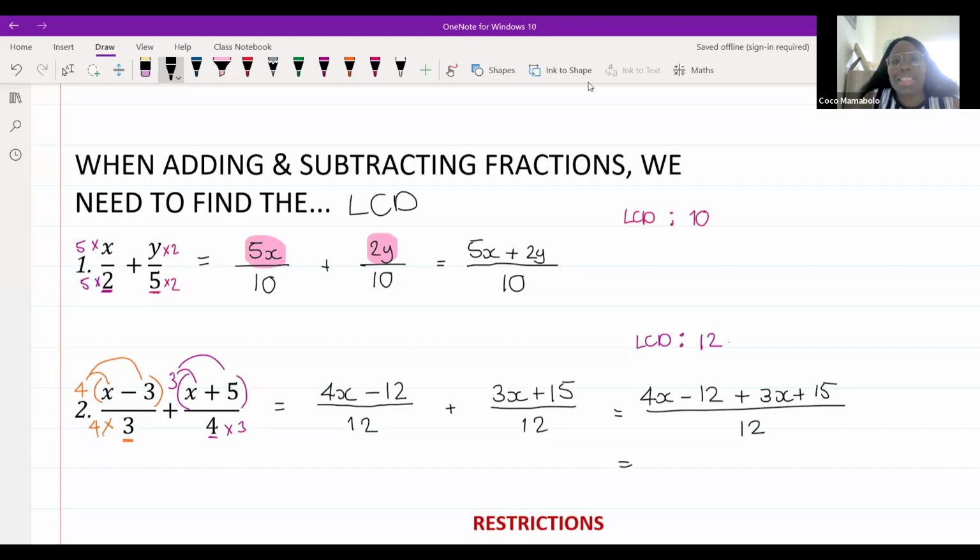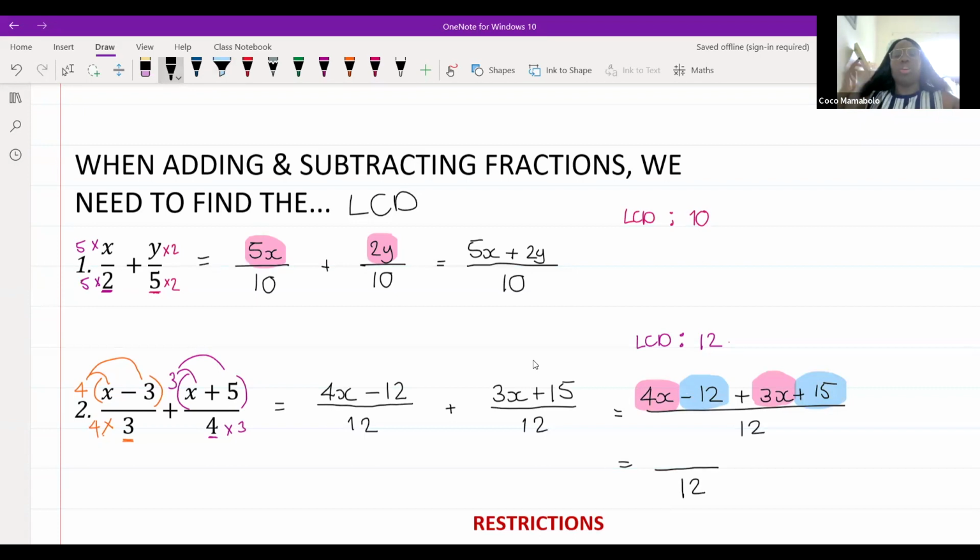Now, I'm not done. Correct, that's it. I'm not done. The top has like terms. My two like terms are the two numbers that have x's and the two numbers that don't have x's. So I'm going to get 4x plus 3x. We can add those two. And then I've got negative 12 plus 15. Those are the two I can add. Remember, my denominator is going to stay the same.